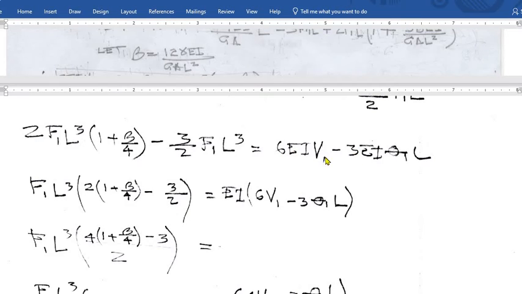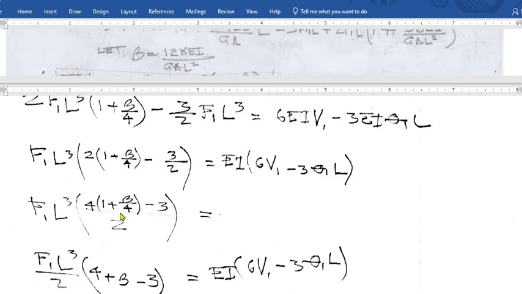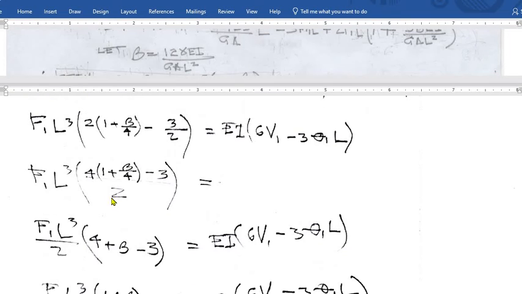So, we have EI times the quantity 6V1 minus 3 theta 1 L. And then, dito sa left term, gumawa tayo ng common denominator nito, yung dalawang yan, which is all over 2. Okay, so itong 2 magiging 4 na yan. 2 times 2 will give you 4. Ayan. Okay? Tapos, itong denominator na 2, ilabas natin siya rito.